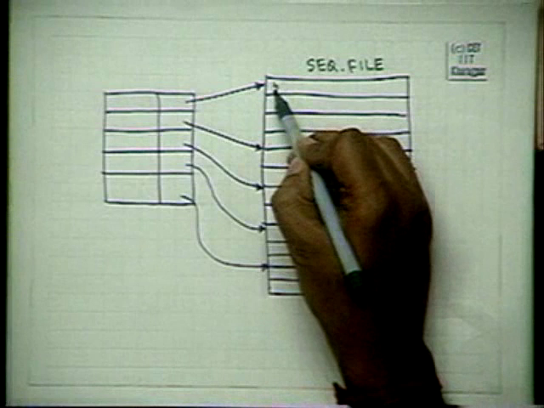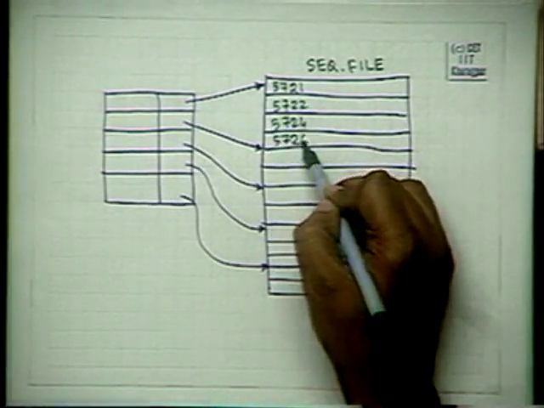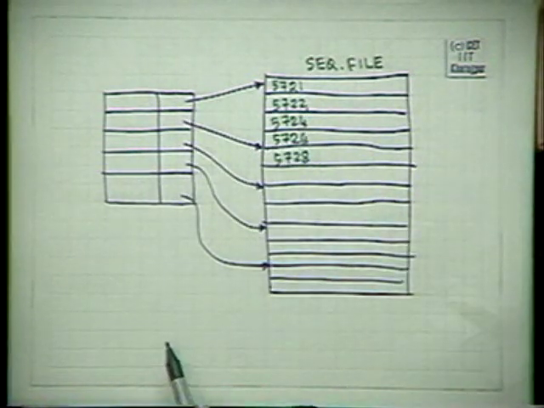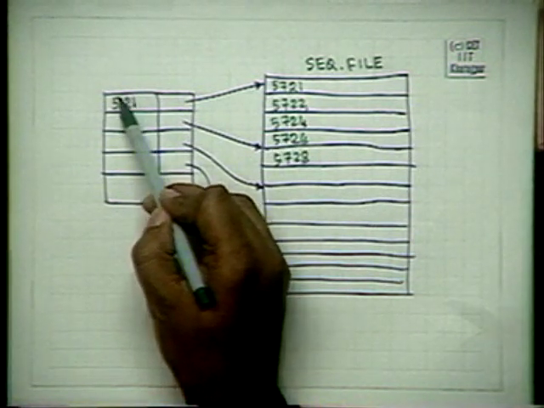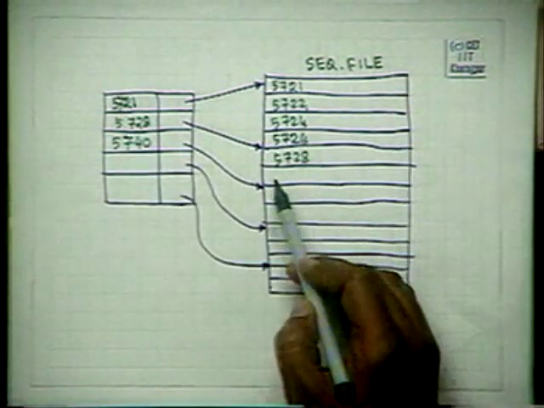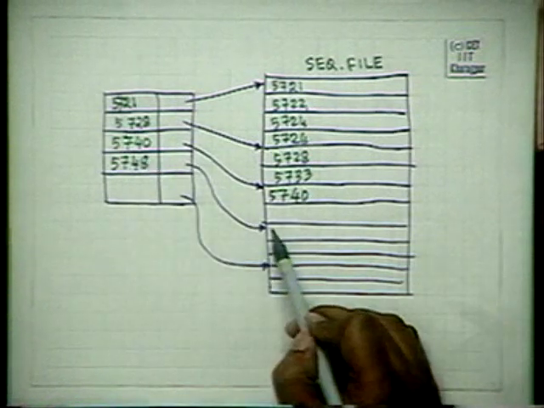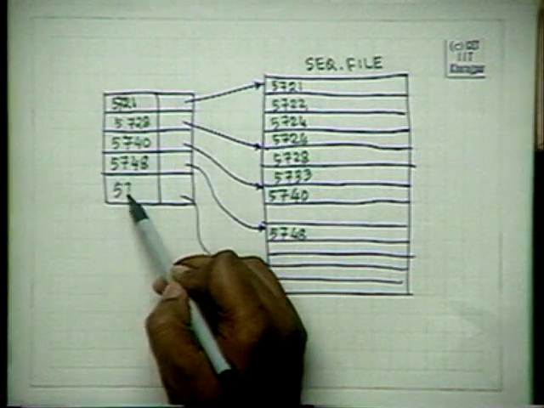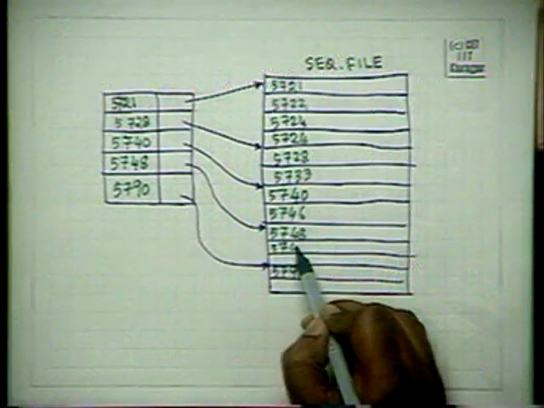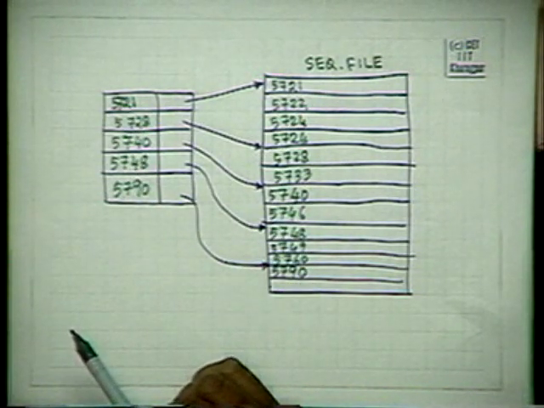I am not drawing them. 5721, 5722, 5724, 5726, 5728, and here we will maintain some of the accession numbers. 5721, 5728, 5740, maybe this one starts with 5740, 5748, so here we will maintain some of the primary key values in sorted order.